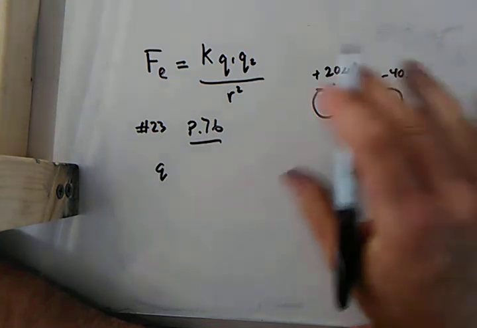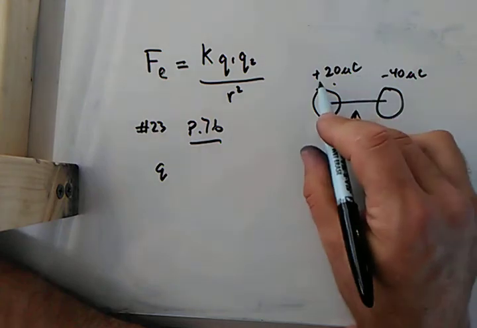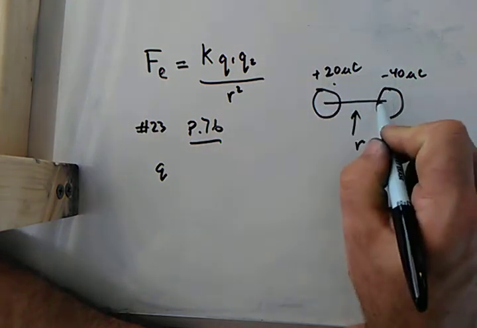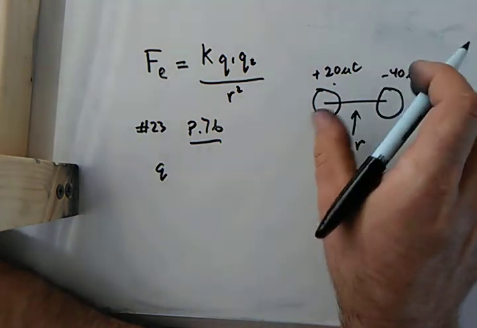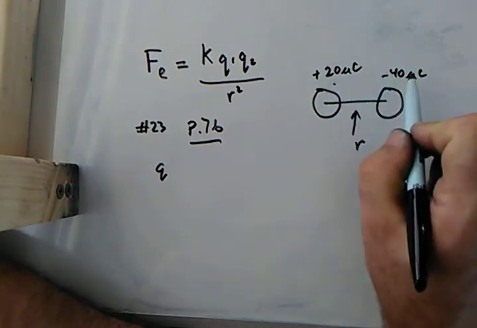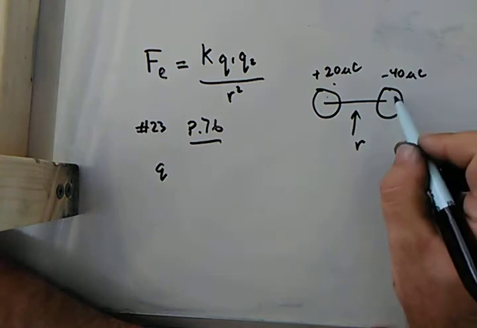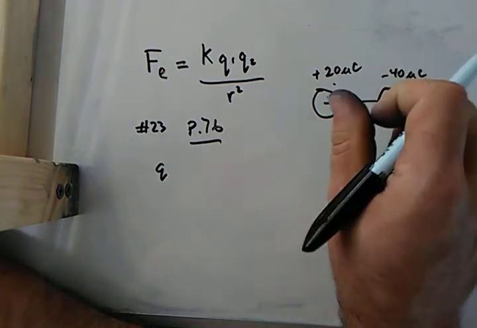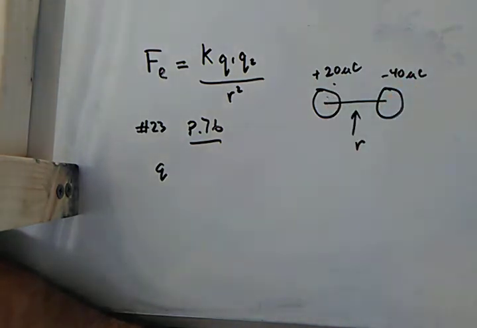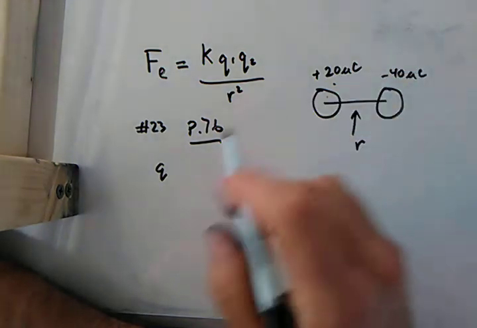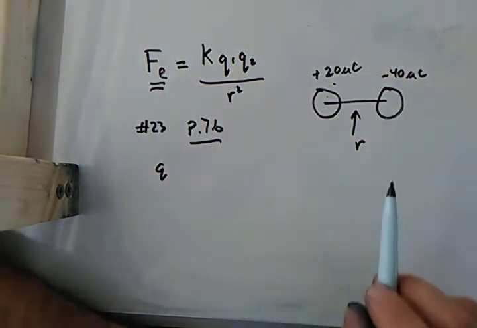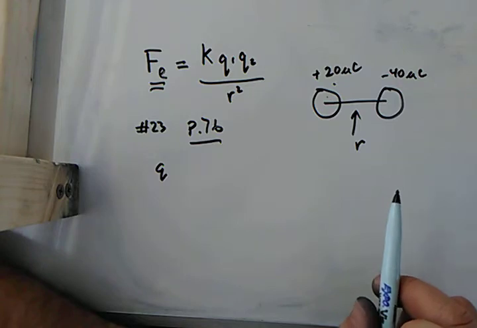Now, guys, these two are attracted to each other. They're going to pull towards each other because one's positive and one's negative. So we want to know with what force these things are going to be pulled towards each other.